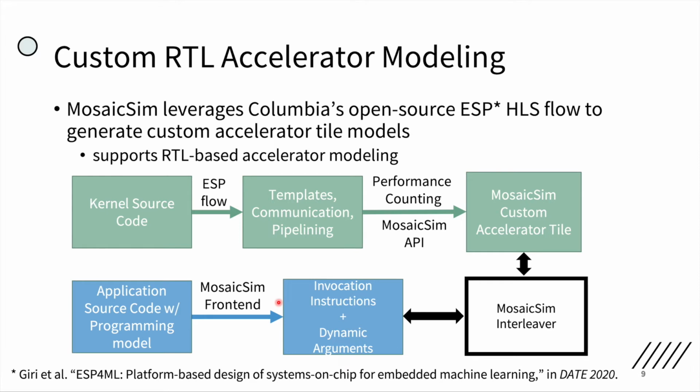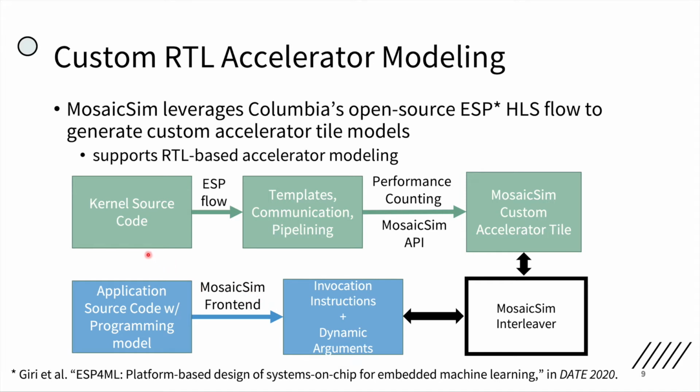In addition to the default abstract tile, MosaicSim also provides the ability to model custom RTL-based accelerators. MosaicSim uses Columbia's open source ESP high-level synthesis tool to generate custom tile models from source code. I'll describe the high-level flow below.